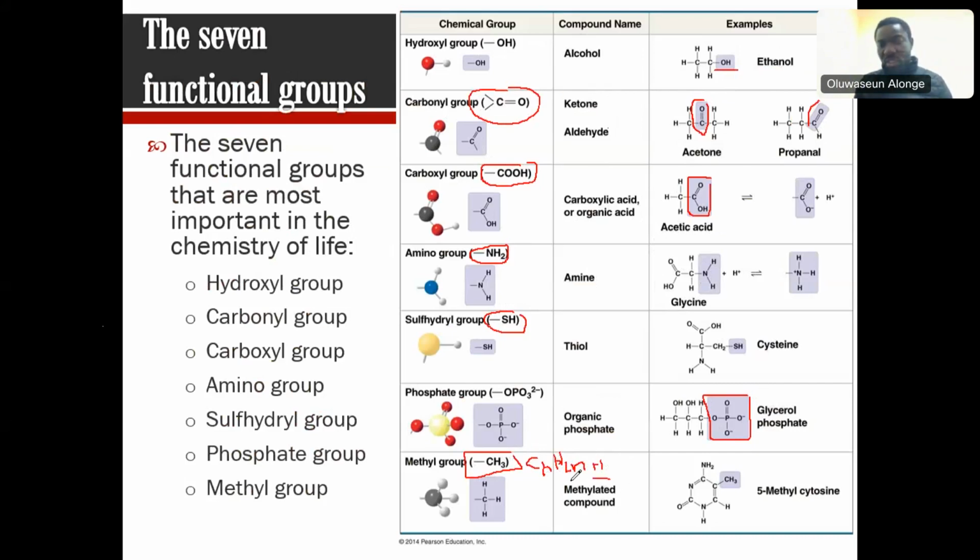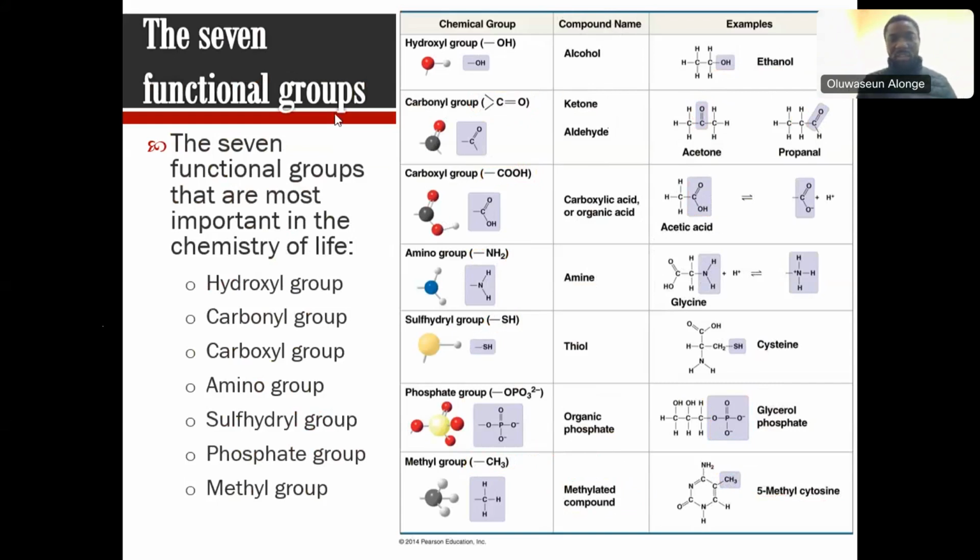All right, so when you say methylated compound, it means a compound that has methyl. So this is methyl attached to this compound. However, this compound itself is cytosine. So the methyl is attached to carbon 5. That makes it methyl cytosine. That's cytosine that we're going to be talking about when we get to DNA, RNA.